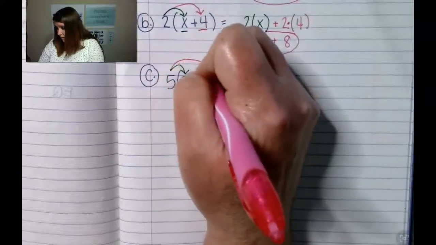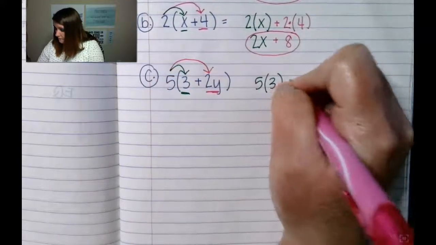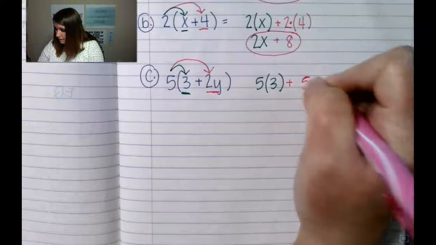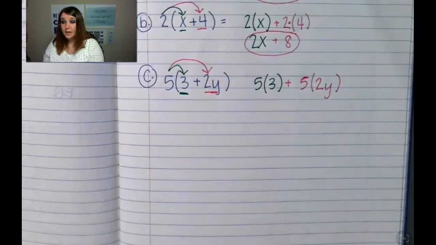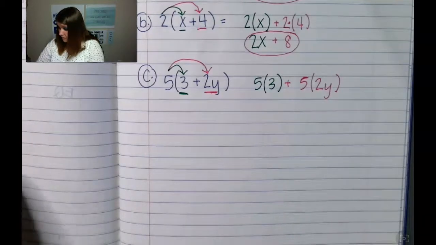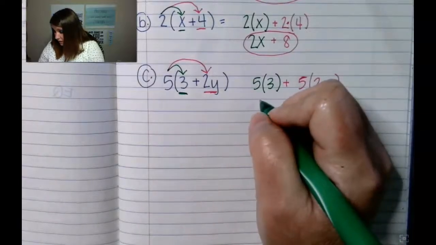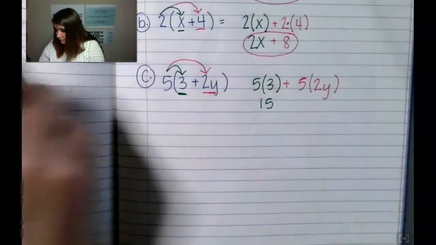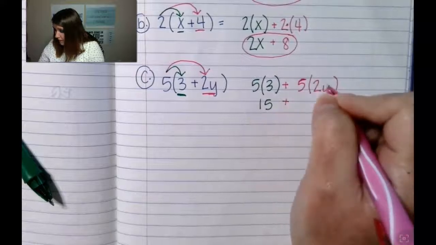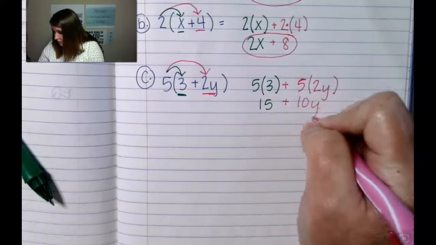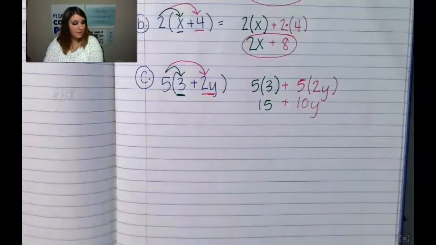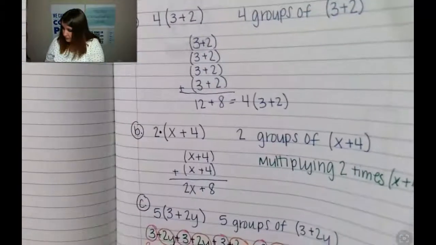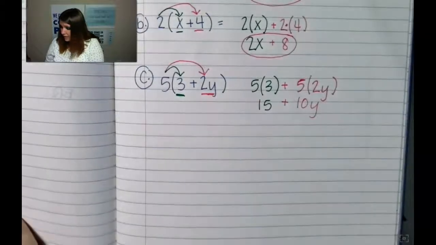Hoppity is 5 times 2y. Now I'm going to finalize it. 5 times 3 is 15, plus 5 times 2y is 10y. So I have 15 plus 10y. Totally got it.